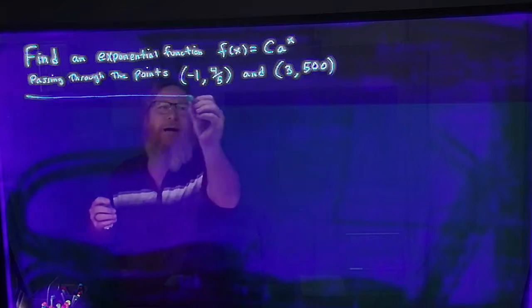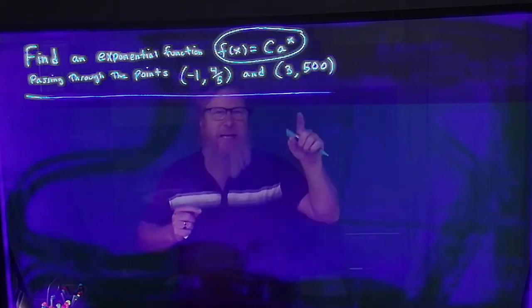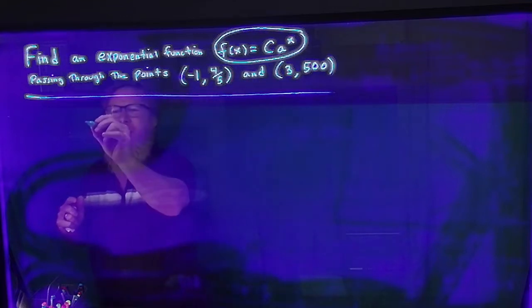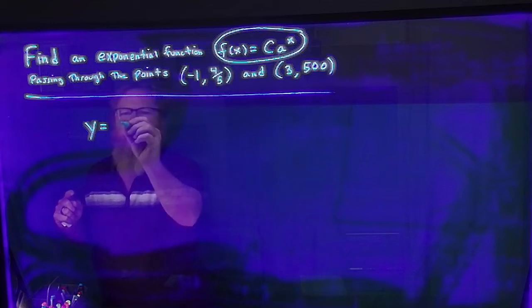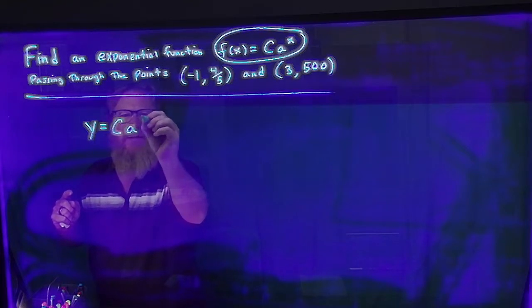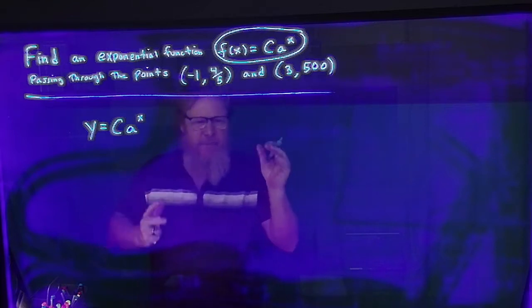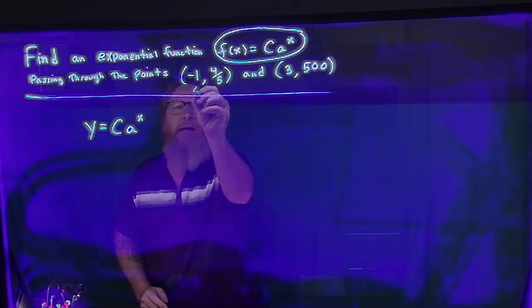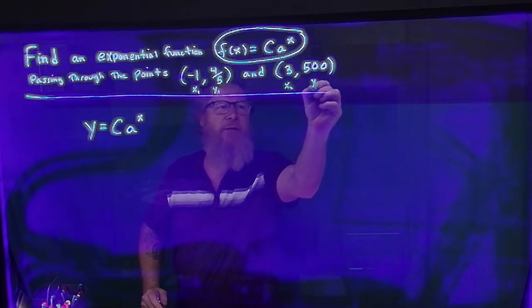You're going to start off by taking your model. Now, in the beginning of this section, I basically tell you what the model is. You know how I like to rewrite the function form as y equals form. It makes it a lot easier. And so basically, you're going to set up two equations. You have your x1 and your y1. You've got your x2 and your y2.